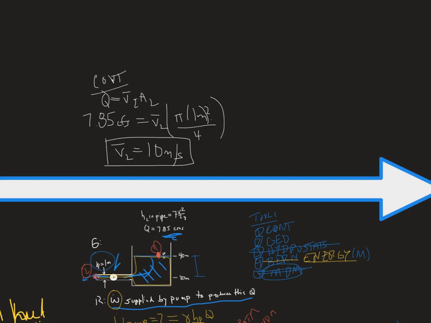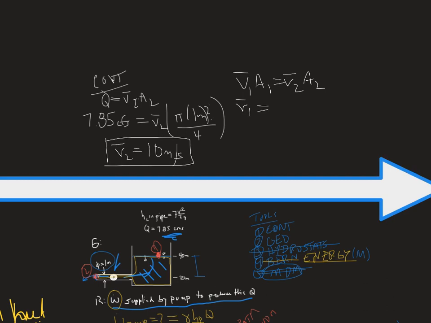Now what about V1? I worry about this only because I didn't get to teach you guys enough of this. But we got V1A1 equals V2A2, and these are average velocities. So in this case, V1 is the velocity that this surface is going down.